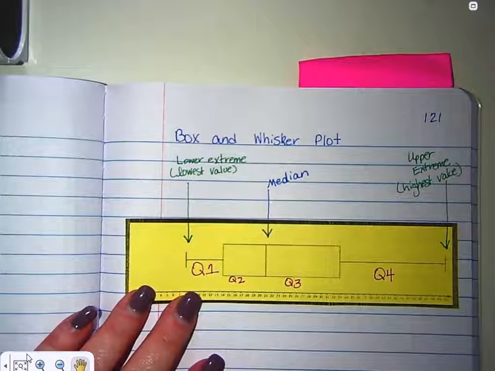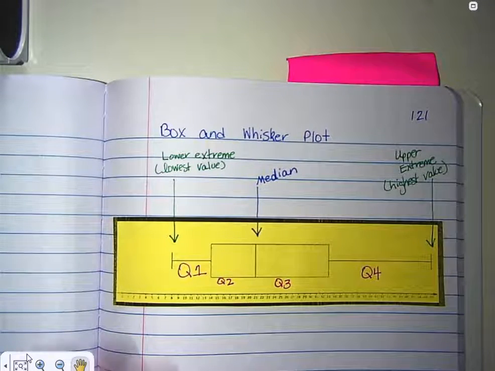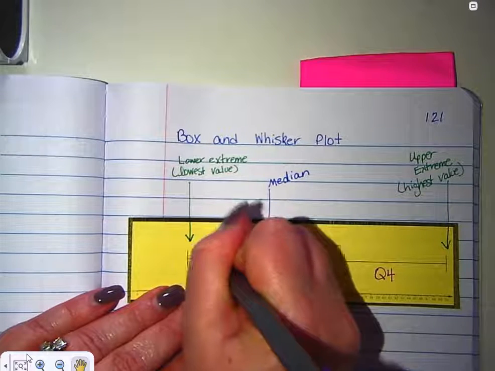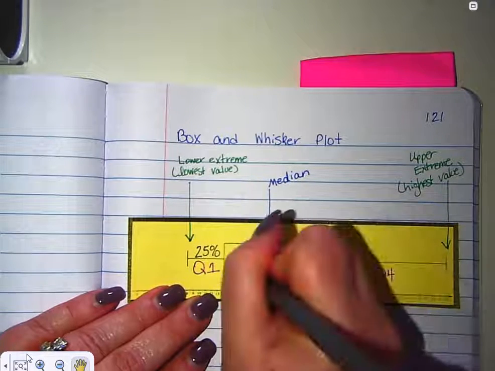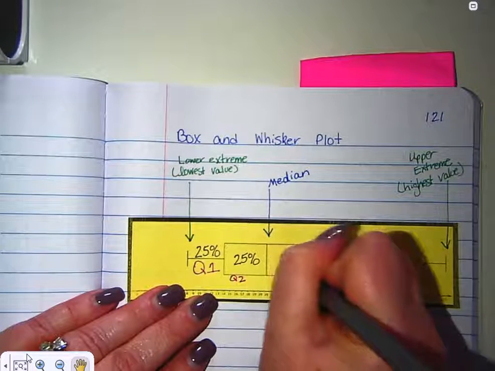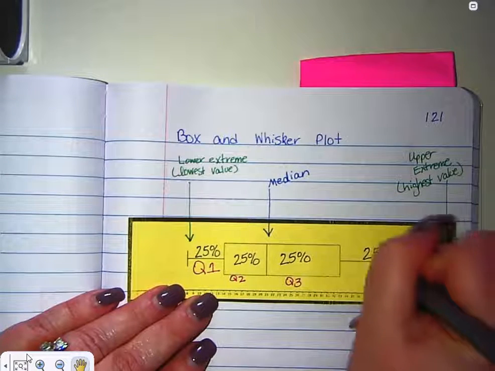Each one of those quartiles is how much percent? If you have 100% broken into 4 pieces, 25. Each one is 25%.